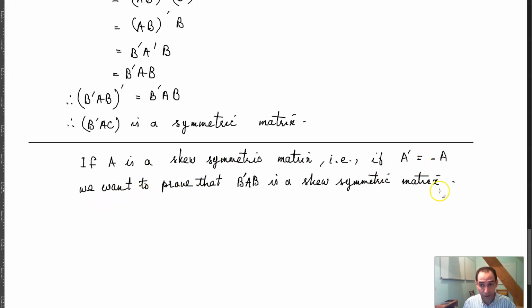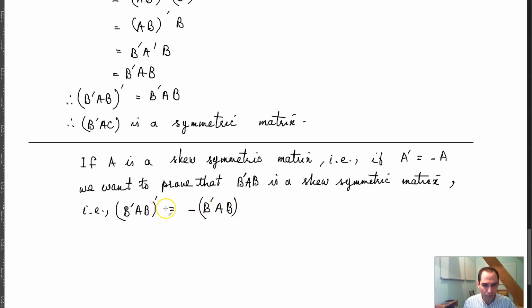That is basically (B prime AB) whole prime is equal to skew symmetric, so negative B prime AB. That's what we want to prove.